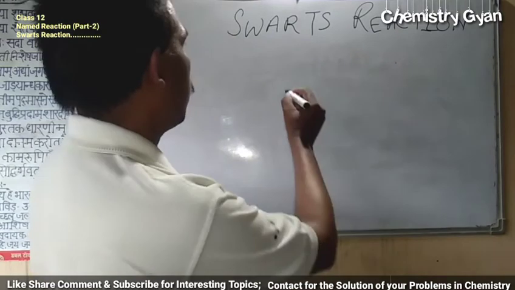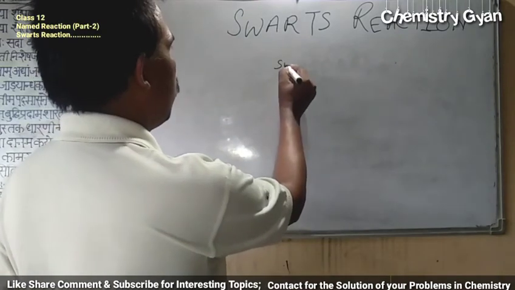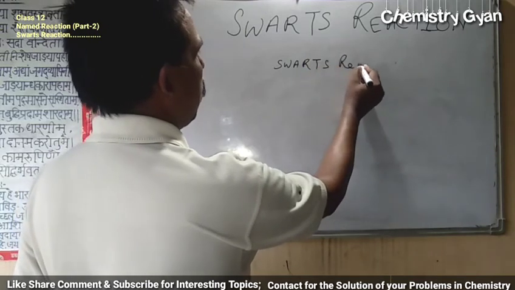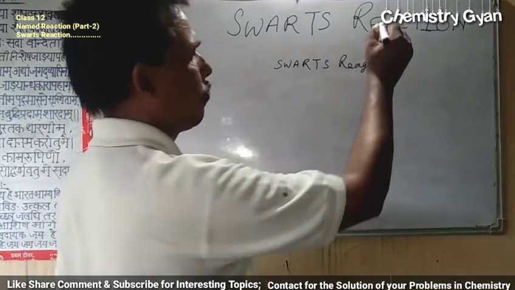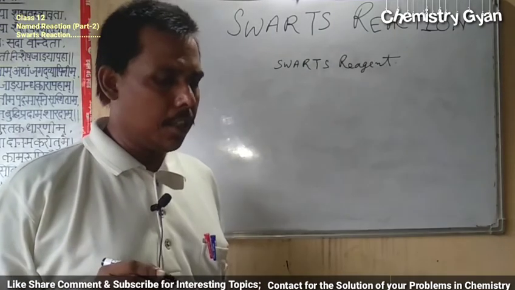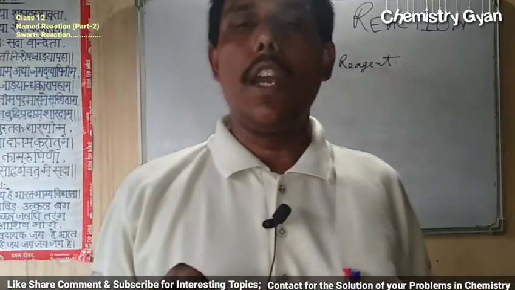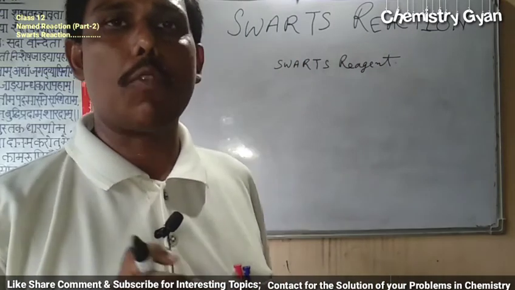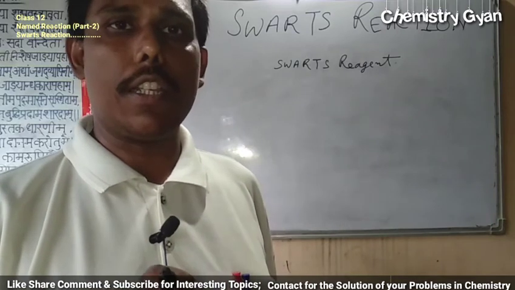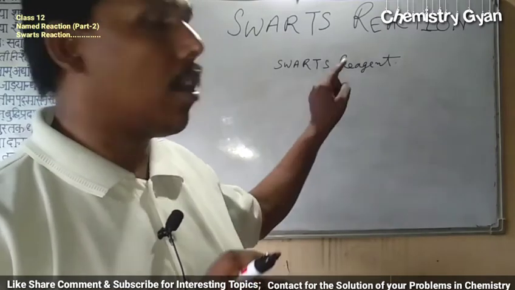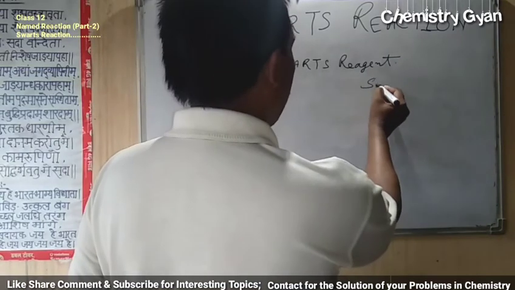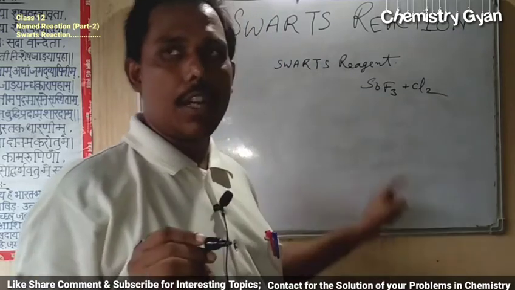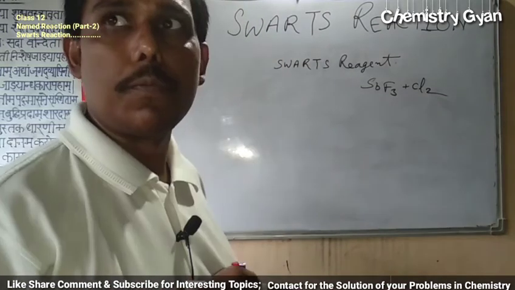What is the Swarts reagent? A mixture of antimony trifluoride and chlorine, SbF3 plus Cl2, is taken as the Swarts reagent.